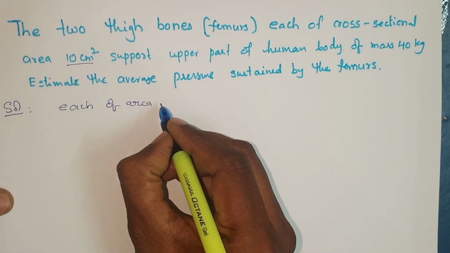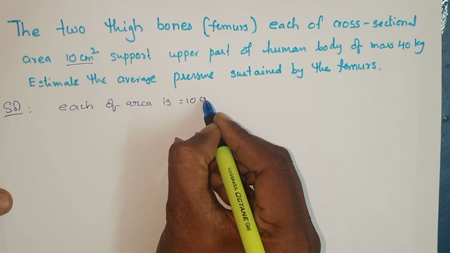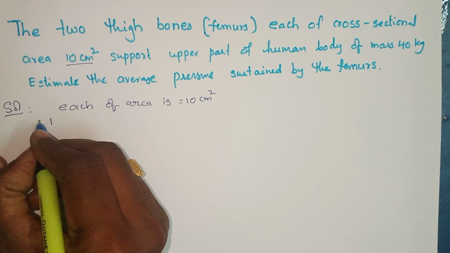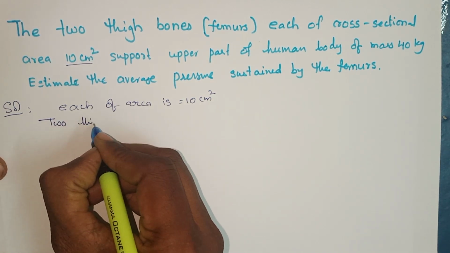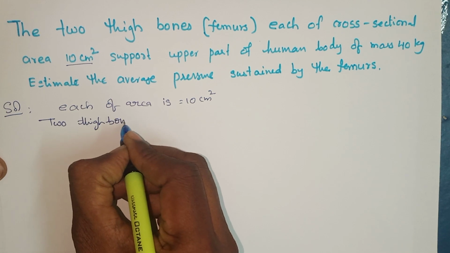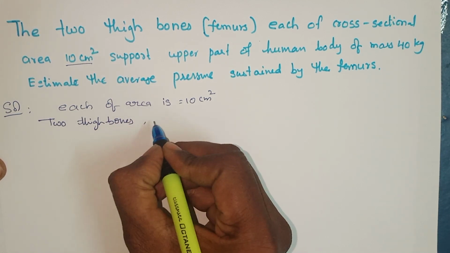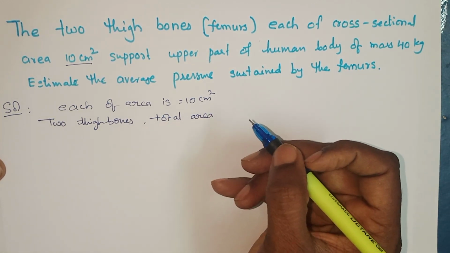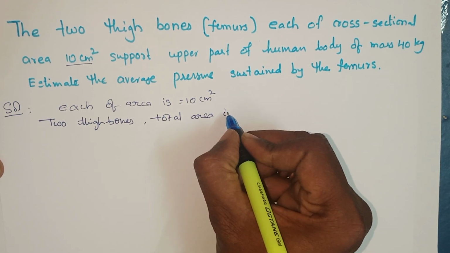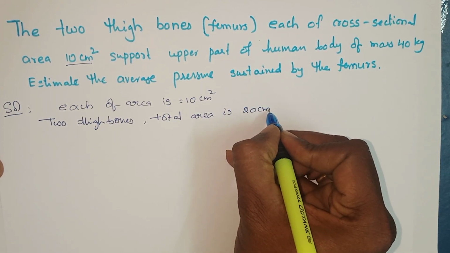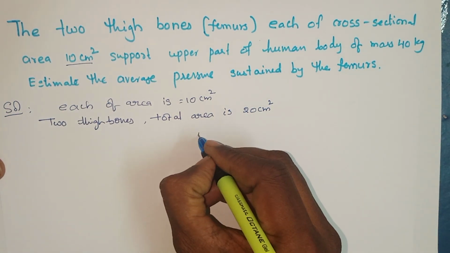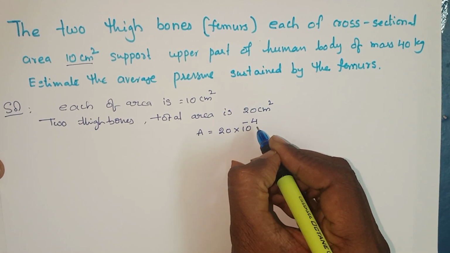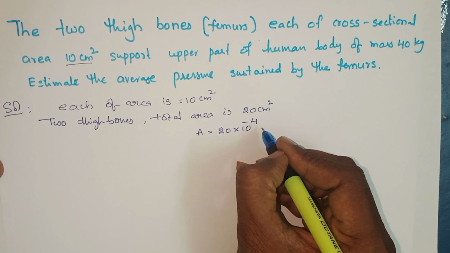There are two thigh bones, so the total area on which force can act is 20 centimeters square. Now the area is equal to 20 into 10 power minus 4 meters square.